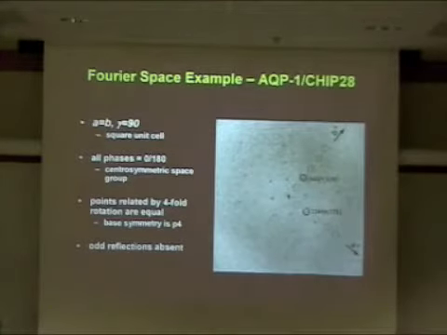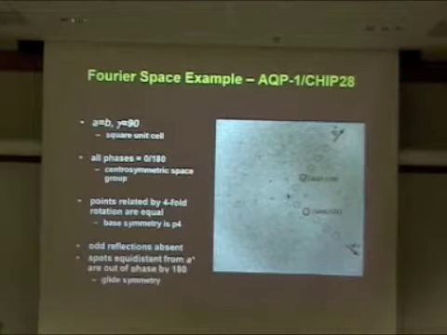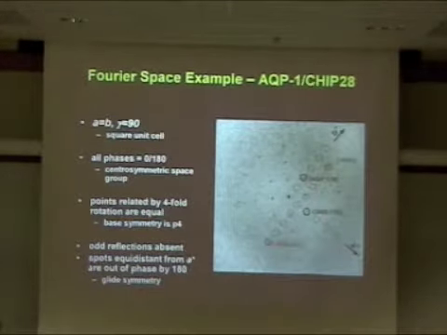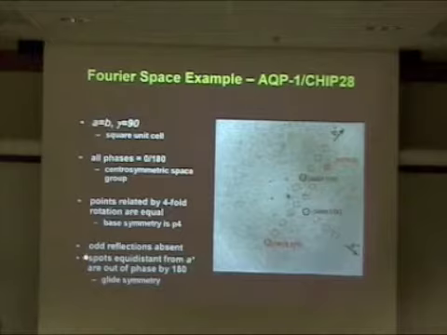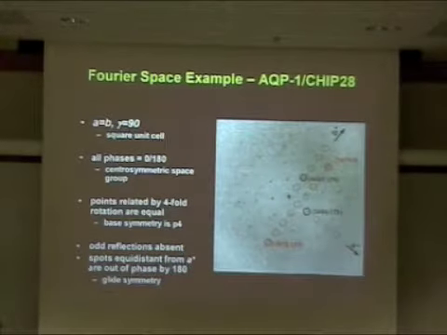Okay, some of you may have noticed that there's some reflections missing from this image, and in particular the odd reflections along the A star and the B star axes. What this means, in conjunction with the fact that a few spots have particular phase correlations, is that we have a glide symmetry present. Just to go further with that, the spots equidistant from the A star vector are out of phase by 180 degrees.